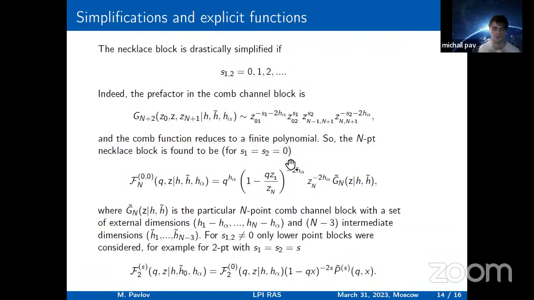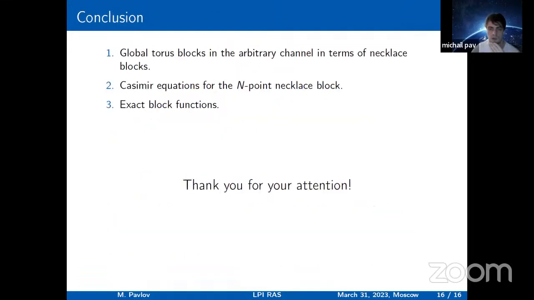It's quite useful concerning, for example, analytic properties of these functions, because it's really difficult to find them explicitly from expansions. We also get this nice factorization, which allows us to check this result, and this is quite interesting. So I guess that's it.